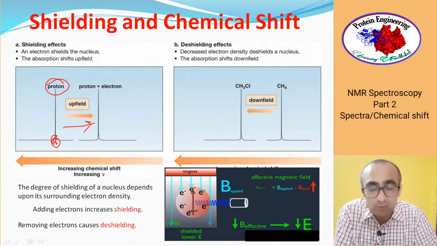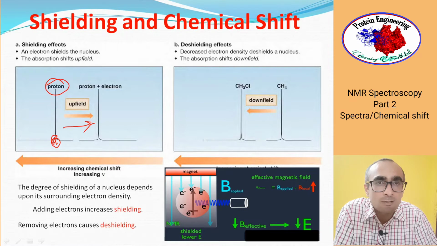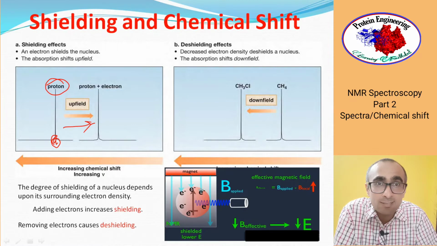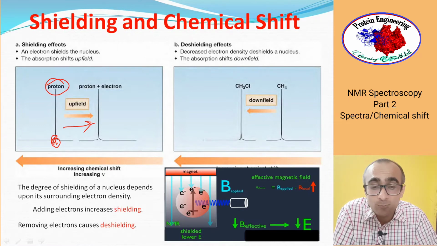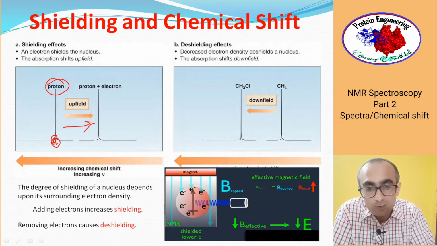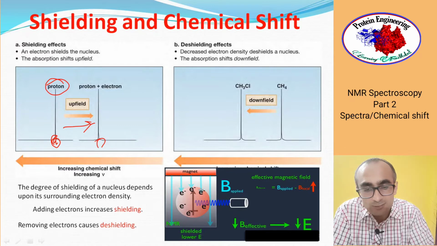Also, the presence of electrons creates a magnetic field that works in opposition to the applied magnetic field. That's why the effective magnetic field would be less on a shielded proton, so the peak is shifted to the upfield.